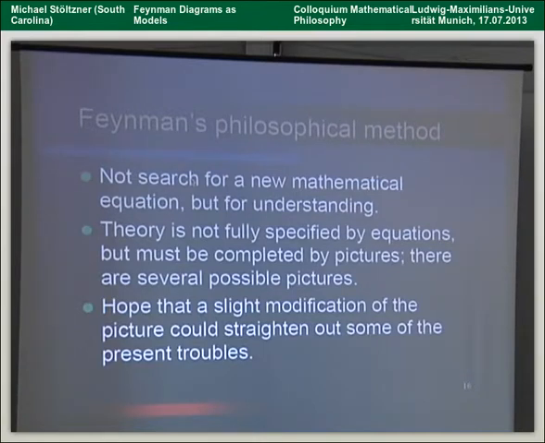Now, Feynman was not so much an equation guy. I mean, Feynman is this intuitive character, so he says, I'm interested in understanding, and that the theory is not fully specified by equations, but must be completed by pictures, and there are several possible pictures. And he often goes very far in this pictorial language.